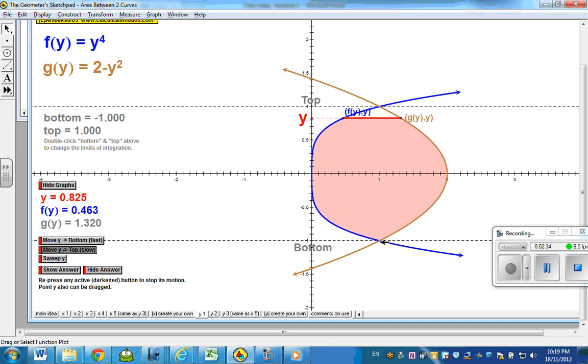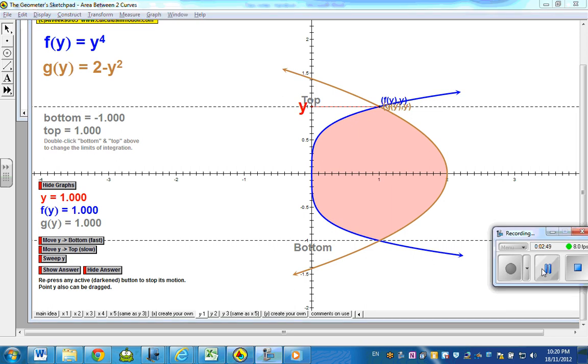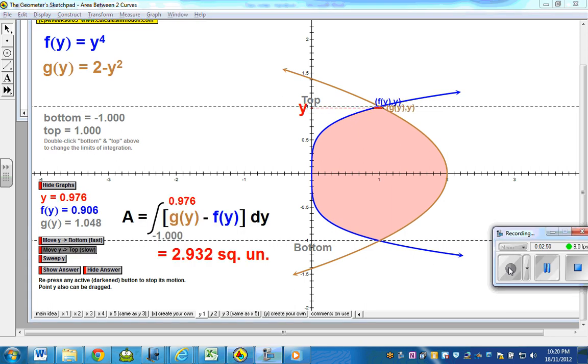The limits of integration go from the point of intersection here to the point of intersection there. This is a nice application for horizontal elements, and the final answer, total area bounded by those two curves, is 2.933 square units.